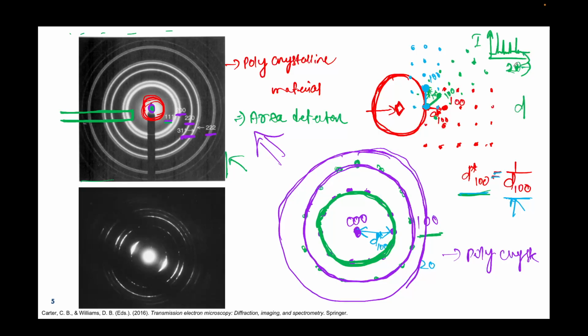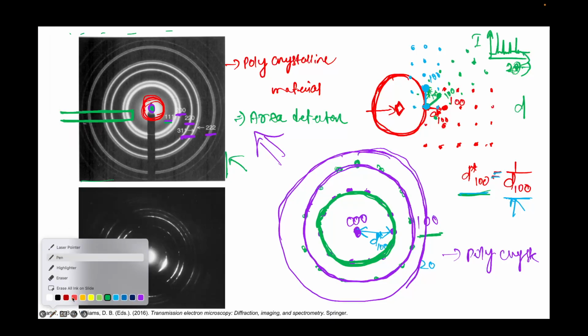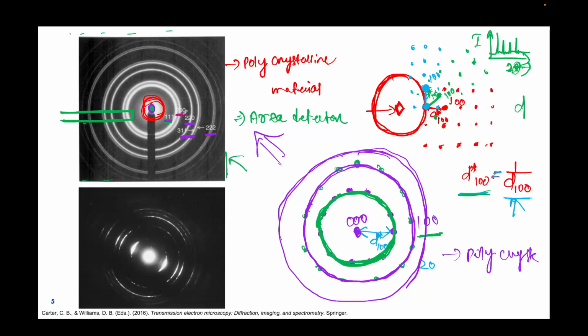So we can calculate 2 theta, and from there, based on the intensity, 111 is much higher in intensity when we collect all the intensity. Then next comes 200, which is a little bit lower. 111 is very much higher. Then comes 220. Collecting all the intensity, we convert the photons we are collecting.